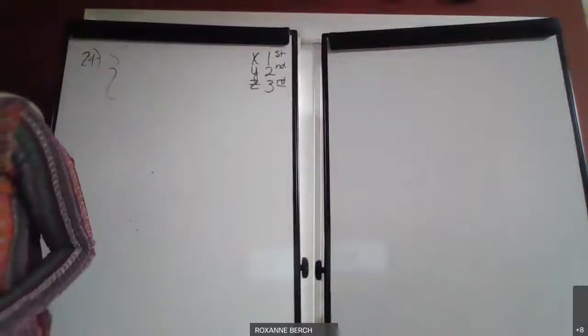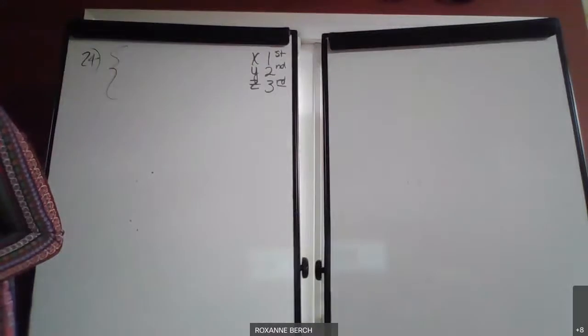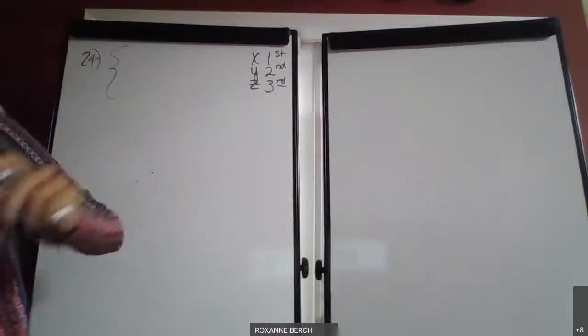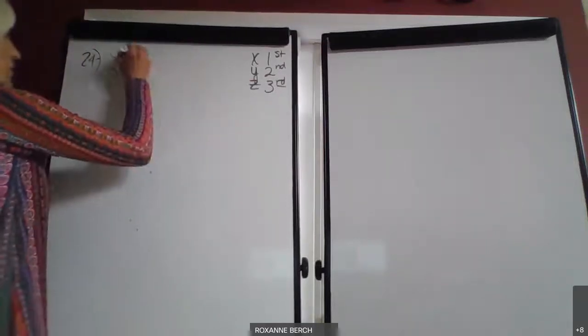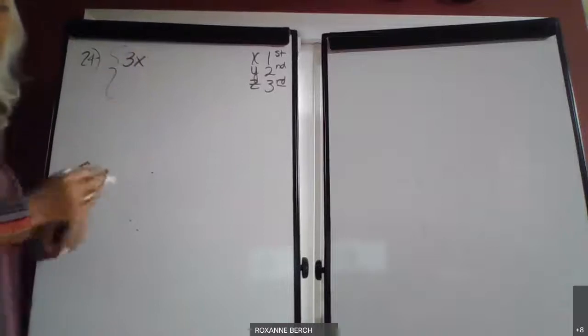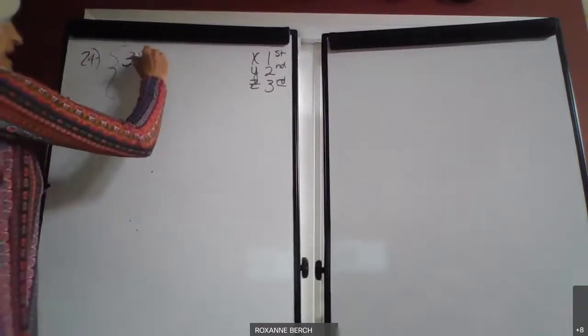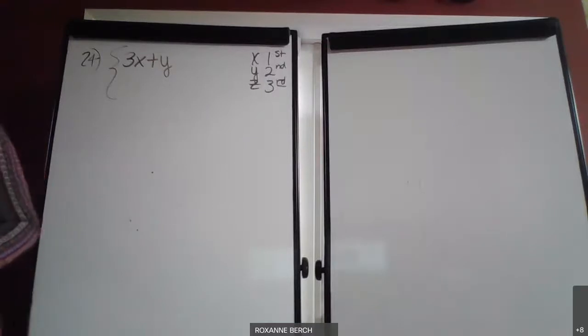Sorry, I'm reading the wrong one. 24. 3 times the first number. So 3 times the first number would be 3x. So 3 times the first number plus the second number plus twice the third number.